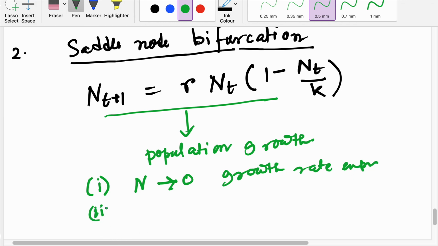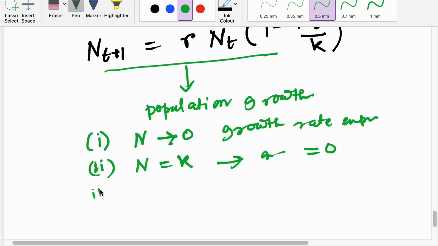If N becomes some constant K, the carrying capacity, the growth rate will become 0. And if N becomes greater than K, the growth rate will become negative, because the more individuals there are, the competition for the resource increases, they will get less resource, and the growth rate will be less. So this was good enough.